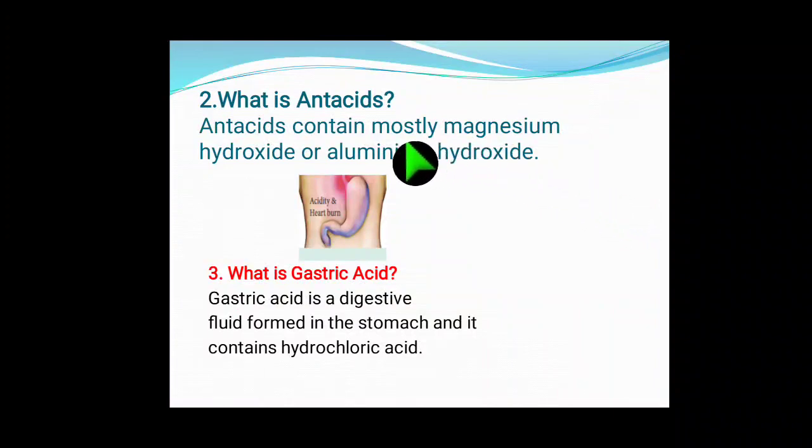It contains magnesium hydroxide or aluminum hydroxide. Usually the tablet name is Gelusil. Mostly this tablet is used for stomach pain, heartburn and acidity.